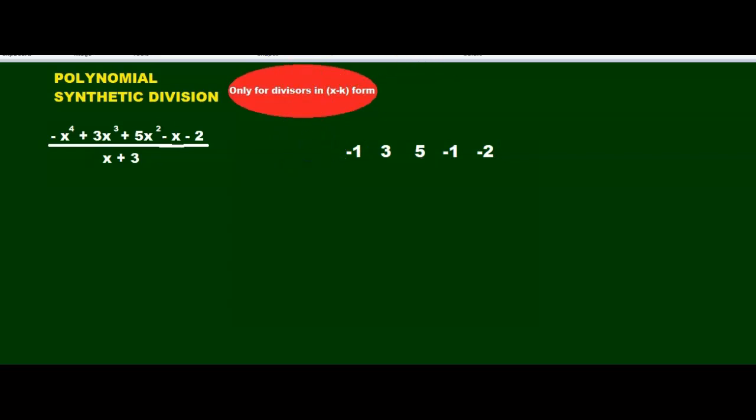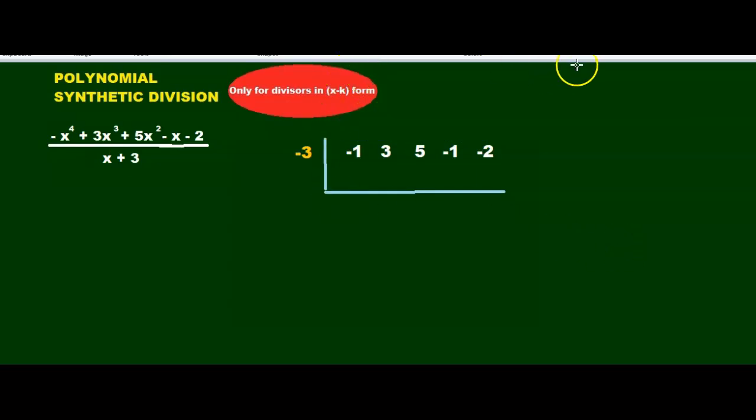Then I am going to look at my divisor. It's x plus 3, so I'm going to put minus 3 because I have to change the sign on the outside. Then I'm going to add my divisor sign around that.